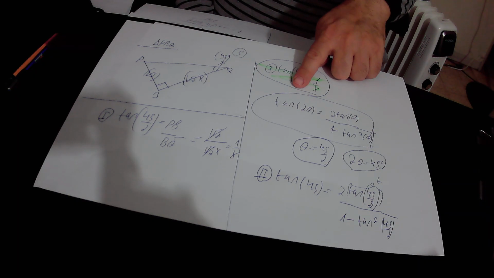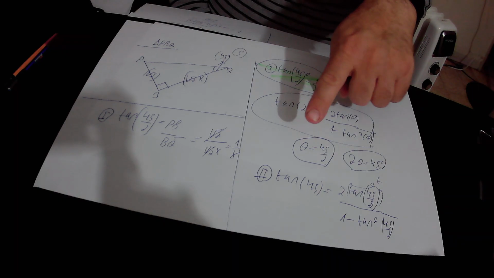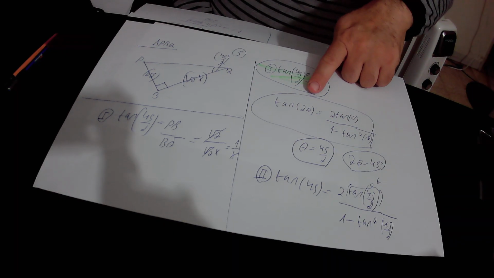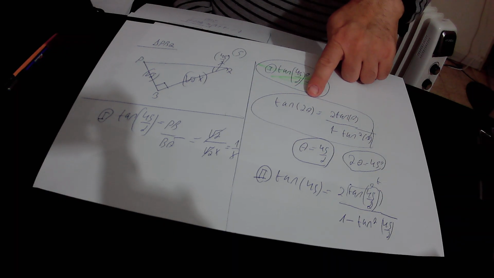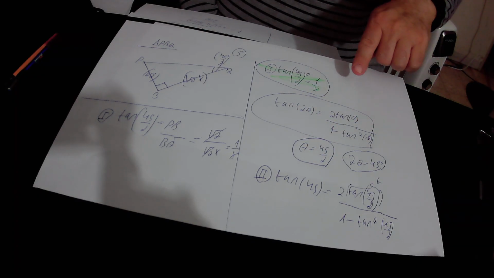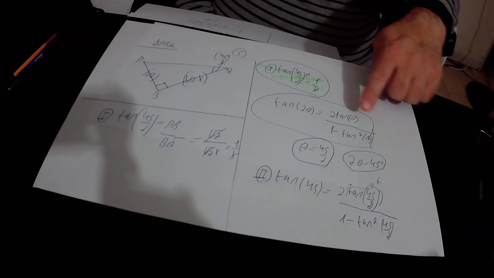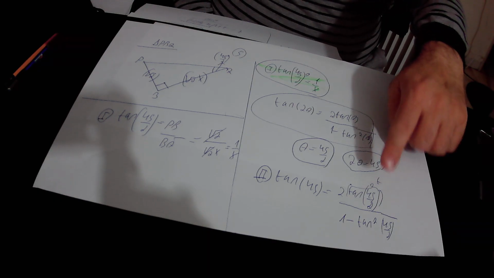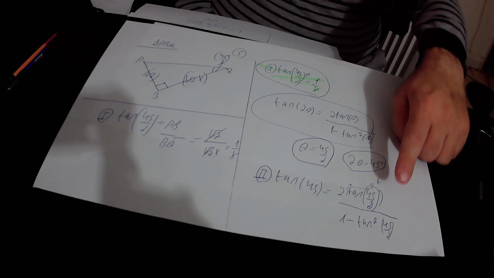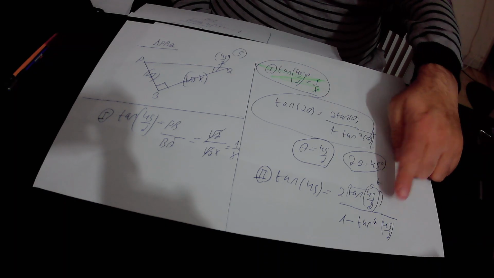And I found out that according to this trigonometric identity, tangent 2 theta, which is tangent 45 degrees, equals 2 times tangent theta, and theta is 45 over 2 degrees, over 1 minus tangent square theta.